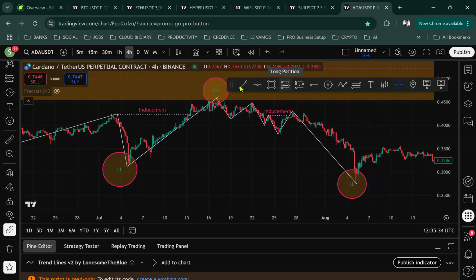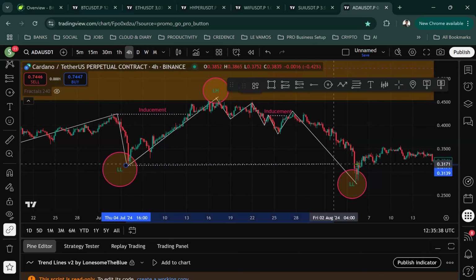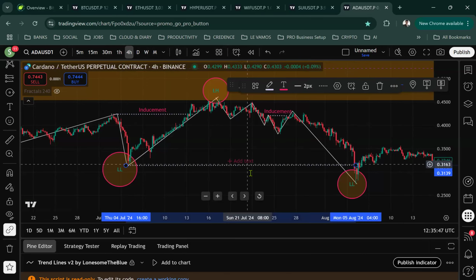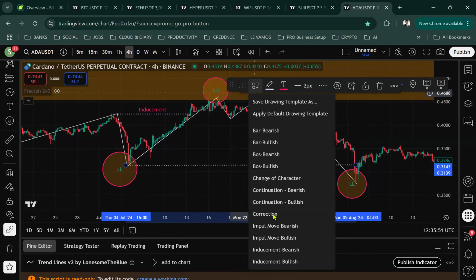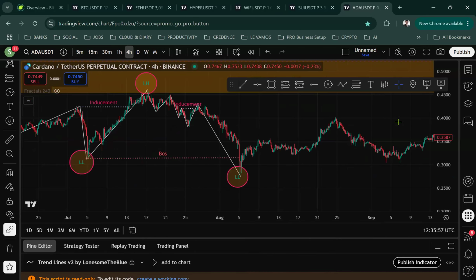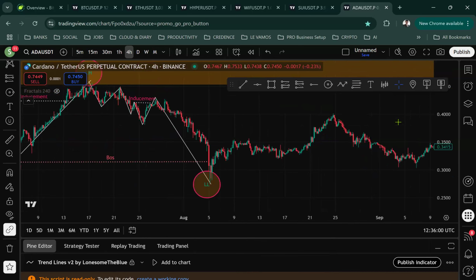So this point is breaking, correct? Yes, that's your break of structure to the downside.